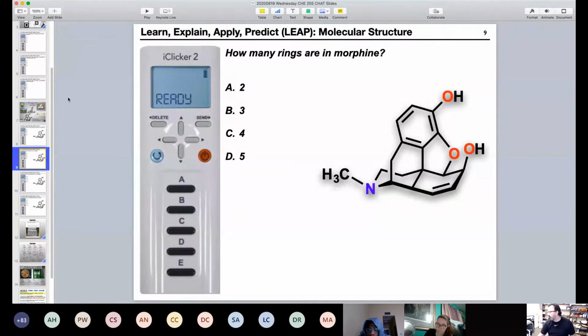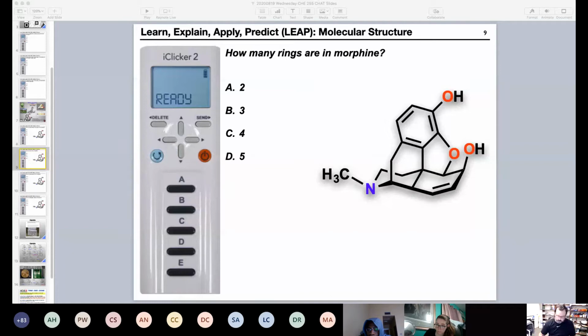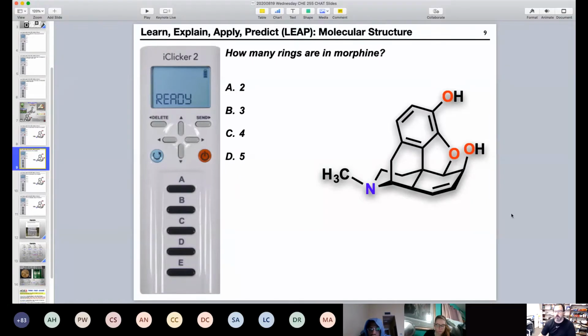An ether has those elements, COC. So I see a lot of answers of D as in dog, or 5. So there are 5 rings in morphine. So we have 1, 2, 3, this is 4, and this is 5.